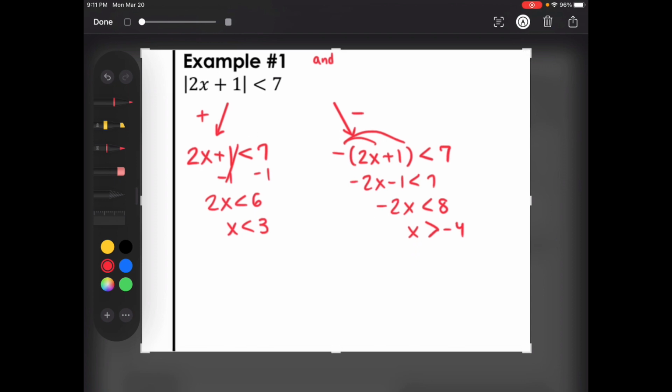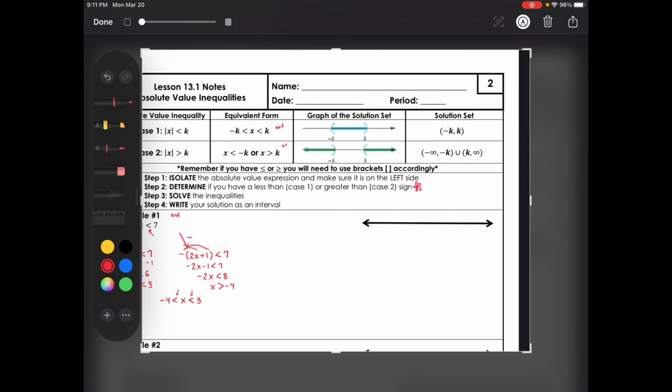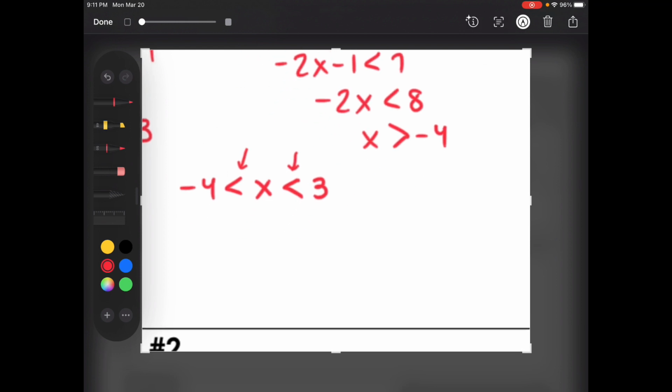So as you can see, it's an "and" because of the situation as well, and because we determined it was less than, so it was going to be an "and." So we can write it like this. We know that x is somewhere between negative 4 and 3, and notice the type of inequality symbol we have here. There's no line underneath either of these, so to write it as a set notation, it's going to look like this. This is our solution set.